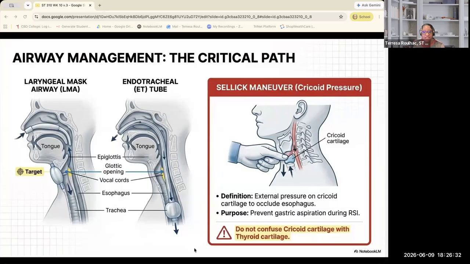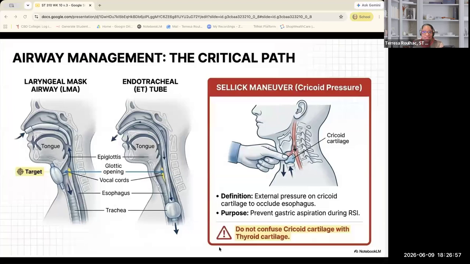The first is the laryngeal mask airway, or what we say is the LMA. The LMA sits above the vocal cords and keeps the airway open. This one is less invasive than an endotracheal tube, and it's often used for certain select procedures.